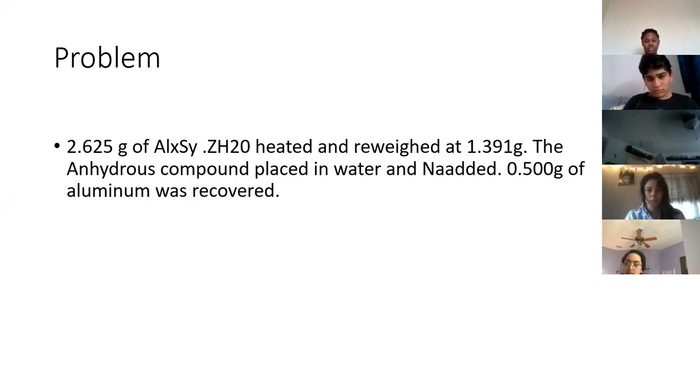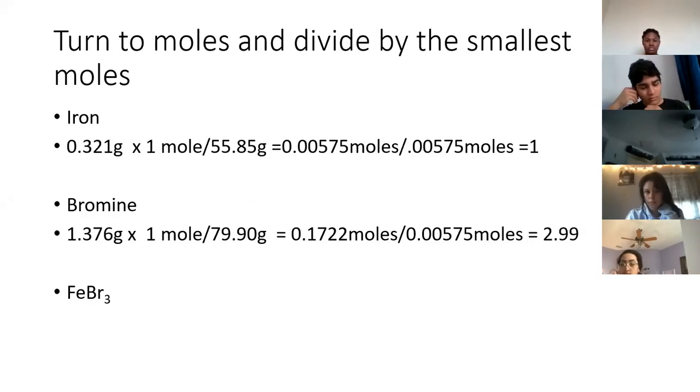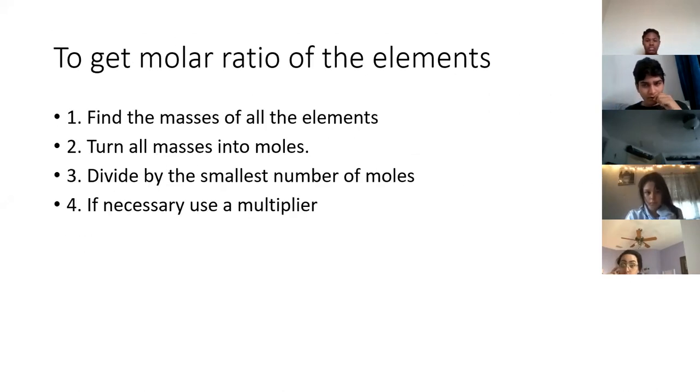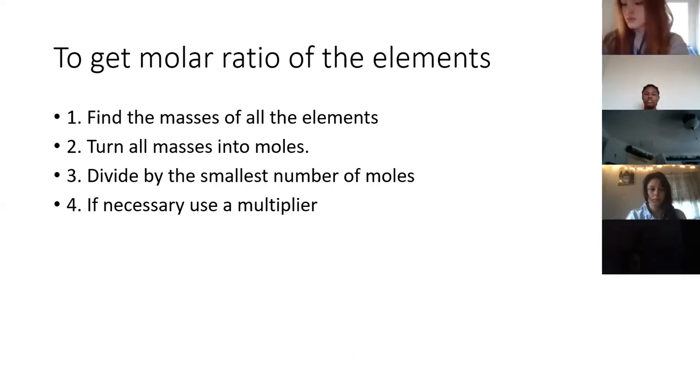Abhishek, you hear? Yep. Okay. Now, according to my rules, what is the first thing I need to do in an empirical formula problem? Find the mass of the elements.